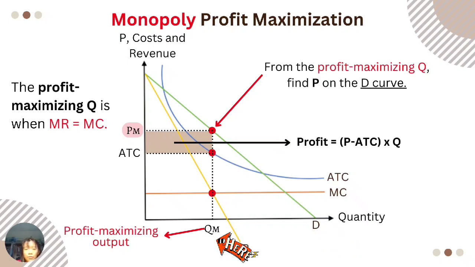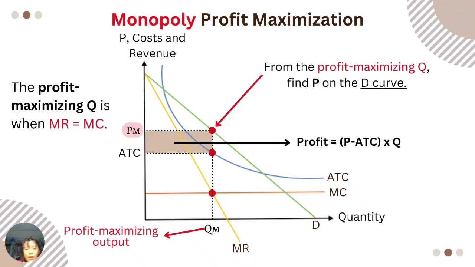So from the profit maximizing quantity, we try to reach out to the demand curve here. This is the demand curve. So this is the point where the monopoly will charge its customers, which is PM. And as we have learned, the profit will be the price minus the average total cost times the quantity.